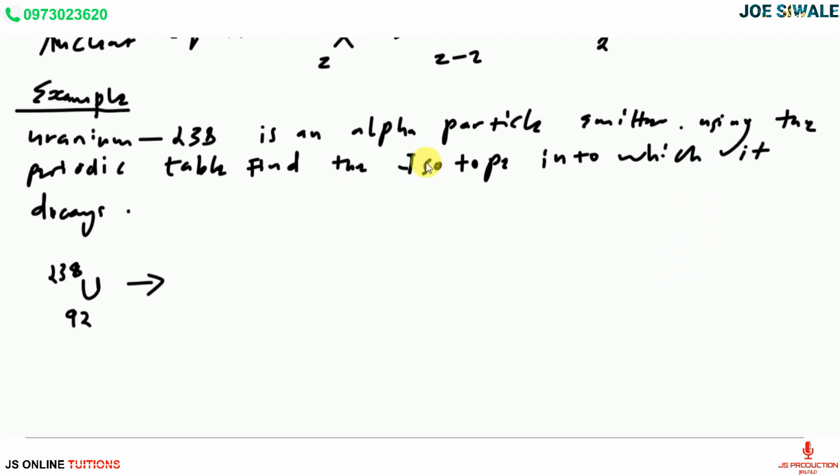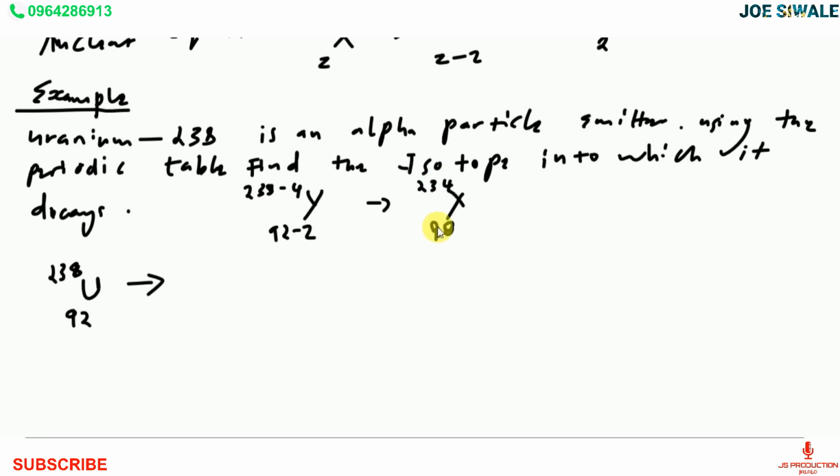So we can write 238 minus 4, and we can also say 92 minus 2. So this will produce Y with 234 and 90.